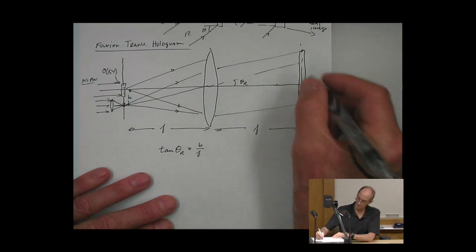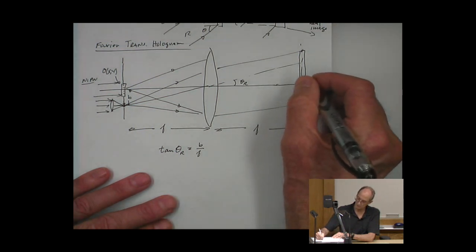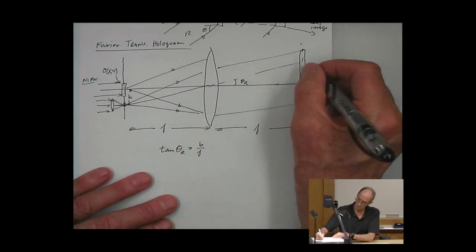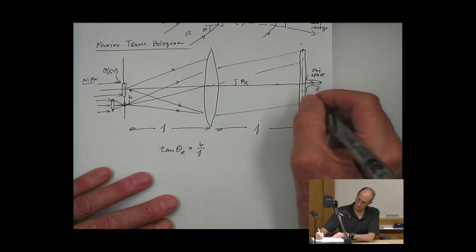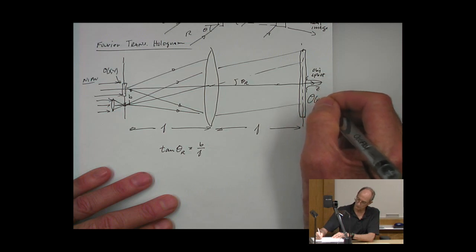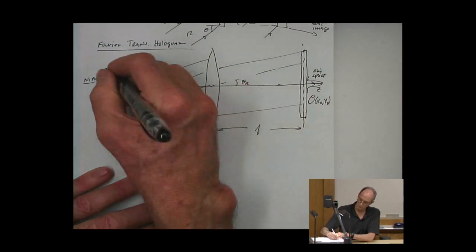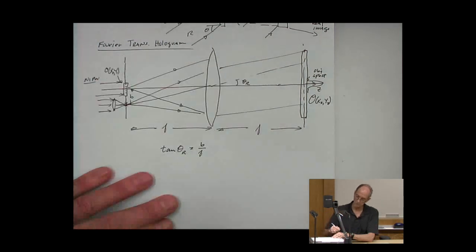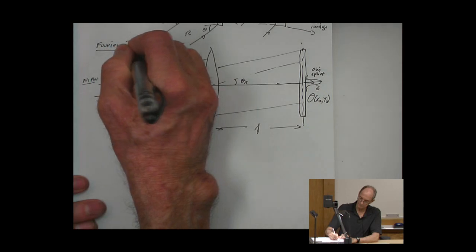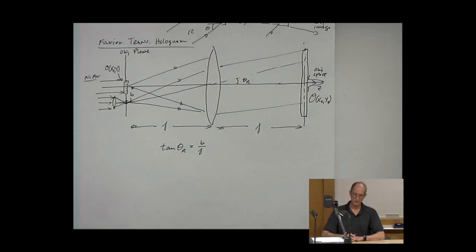And here we're going to have the spectrum of that object transparency. So here's the object spectrum, and we'll give this a script O, with coordinates x2, y2. Here are coordinates x1, y1 on the object plane, like so.